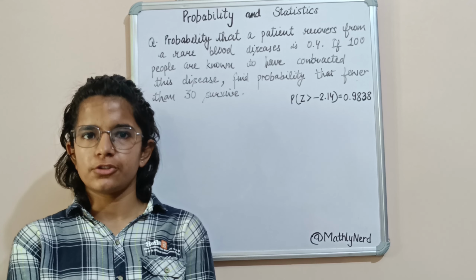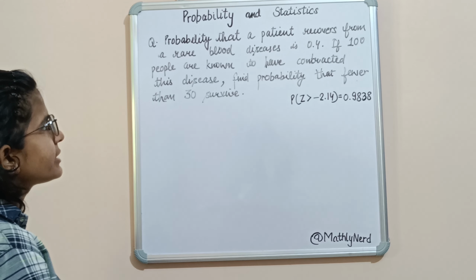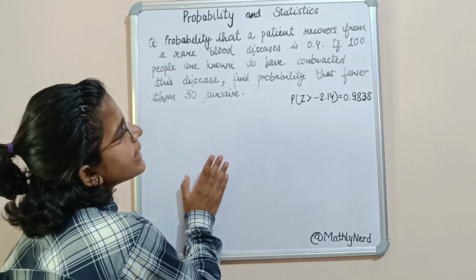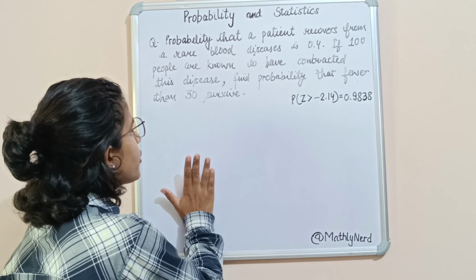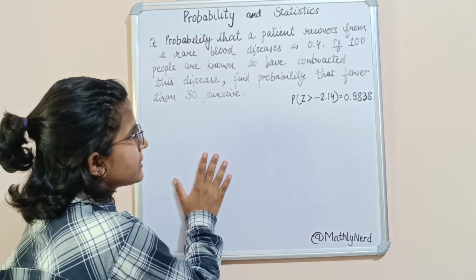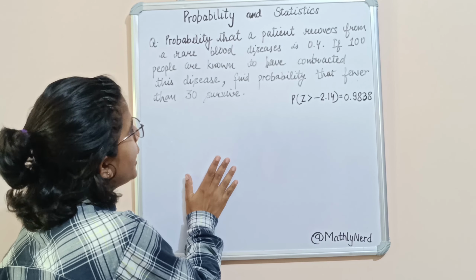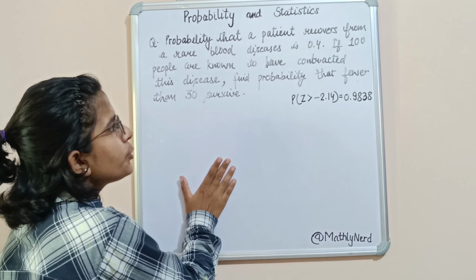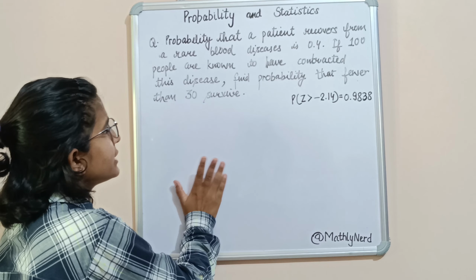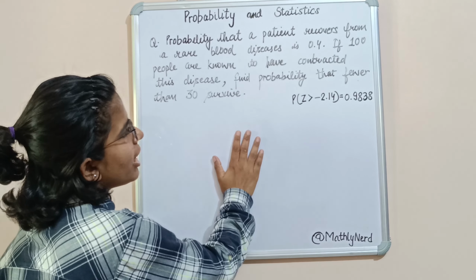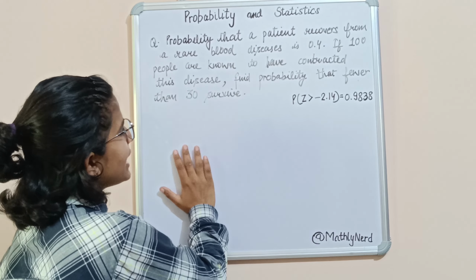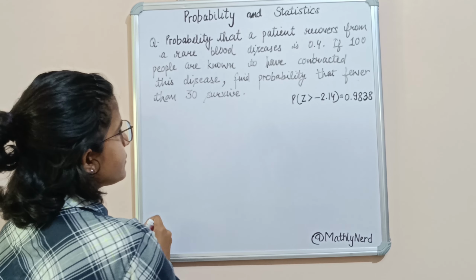Now we will solve a question. Our question is: the probability that a patient recovers from a rare blood disease is 0.4. If 100 people are known to have contracted this disease, find the probability that fewer than 30 would survive.